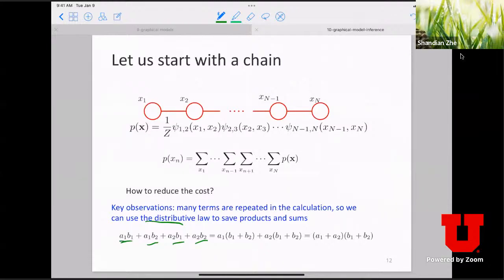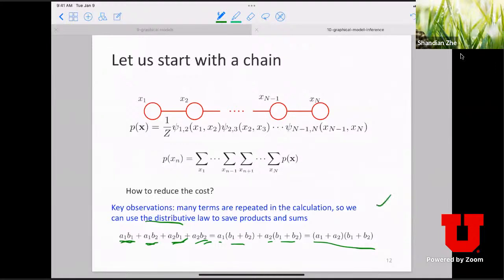If you first enumerate all possible configurations and multiply them together, you have many product and summation operations. However, if you use the distributive law, you first fix each value of the first variable, add up the values of the second variable, and merge them together, and you are going to largely reduce the operations.